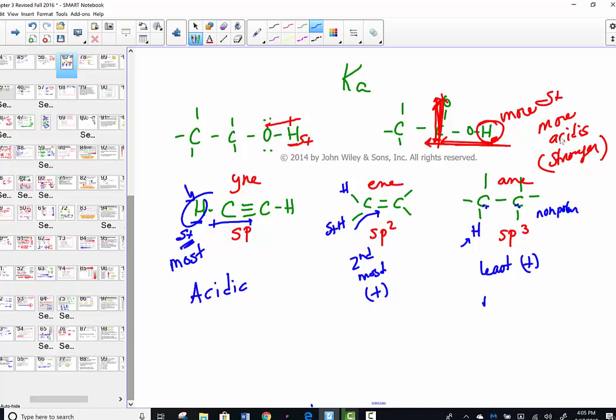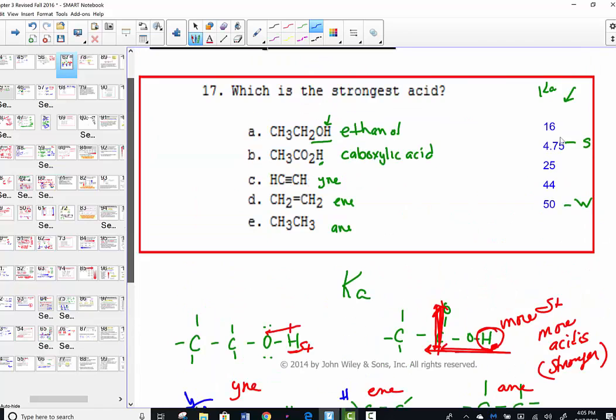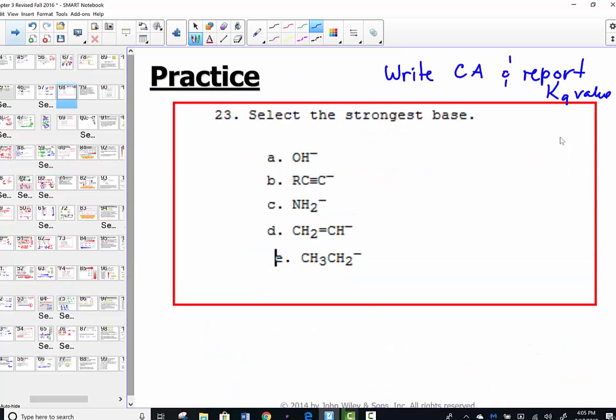The trend shows that an sp triple bond is more acidic than an sp2 double bond, and the least acidic of all is the single bond, sp3 hybridization. So even if we weren't provided a Ka chart, you could talk yourself through the order of those particular compounds, just thinking about electronegativity differences.